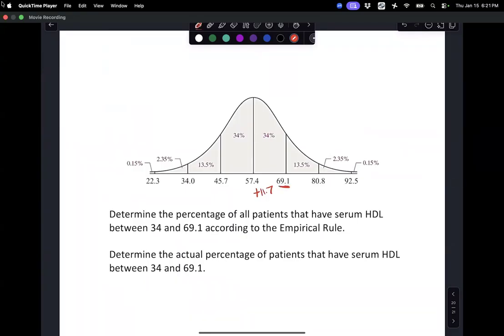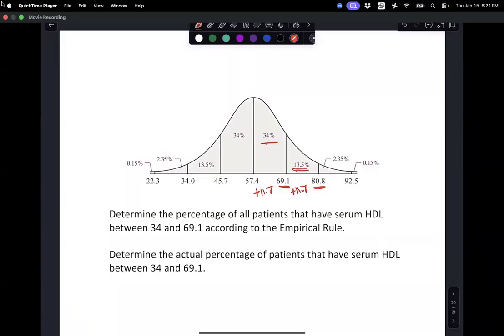So I know that 34% of my data should lie somewhere in between there because that's one standard deviation away. I added 11.7 again to get two standard deviations away. I know I lost my decimal point so that I could get 80.8. So I know that 34% plus 13.5%, so 47.5% of my data I would expect to be between the 57.4 and the 80.8.